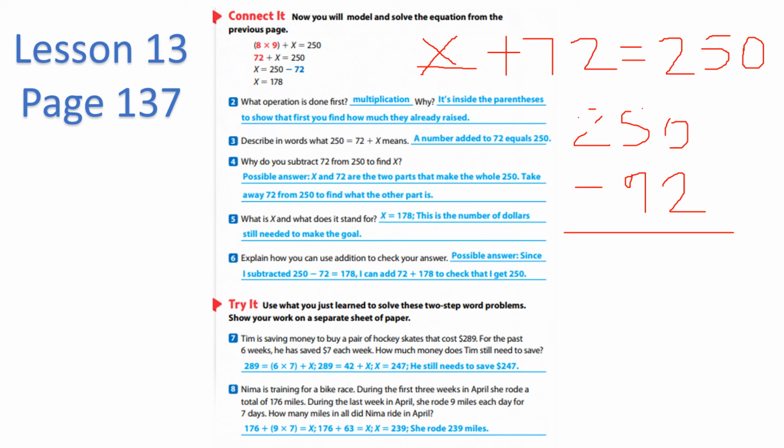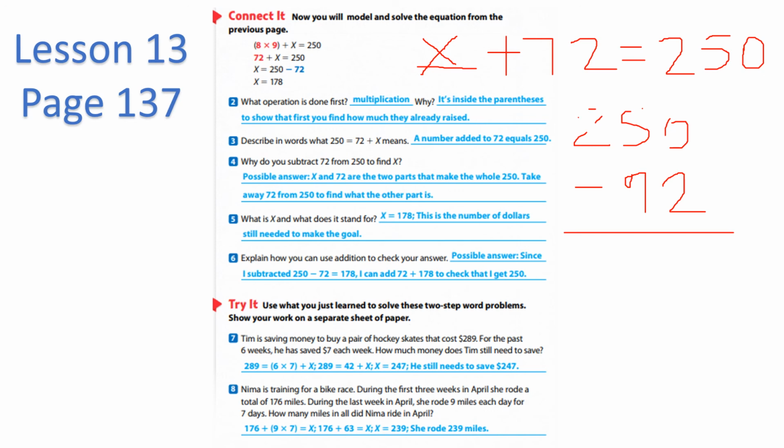So now, on the 2 Try It questions at the bottom, it would be good if you would pause your video right now. We know you're already seeing the answers that would work for solving 7 and 8, but it would be good if you would pause right now and try 7 and 8 on your own in your workbook, and then come back and see if your solution matches up with how I already chose to show you how to solve 7 and 8.